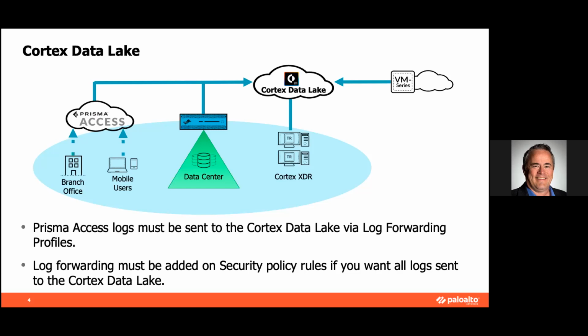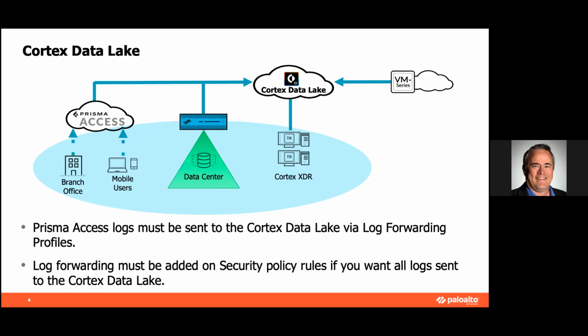The great thing about Cortex Data Lake, as opposed to on-site log storage, is that it's easily scalable. So you don't have to do things like deploy log collectors and size those and buy new ones to extend your log collection durations and number of logs. It's basically scalable, and you subscribe to it with whatever logging rate and retention sizes that you need.